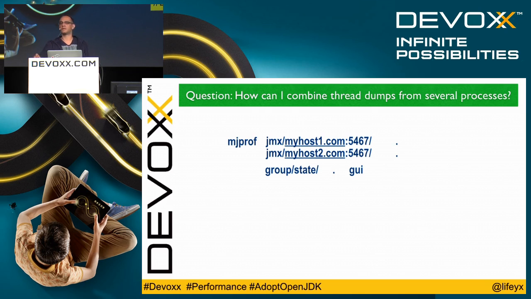The reason that you can do it is because mjprof is actually running a pipeline of threads that each run separately. So it will access these two servers at once, and when it has the thread dumps grabbed, it will squeeze them forward in the pipeline to the next operation.